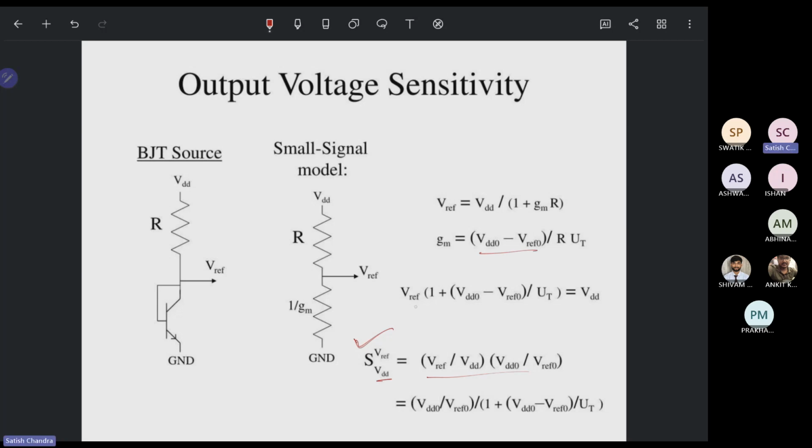If I want to find VDD, what is that? VD refers to this one. By the voltage divider rule, we can find this. Here, when we assume this part also, we have this. If I divide these, we get a stability factor with respect to VDD, which becomes this one.